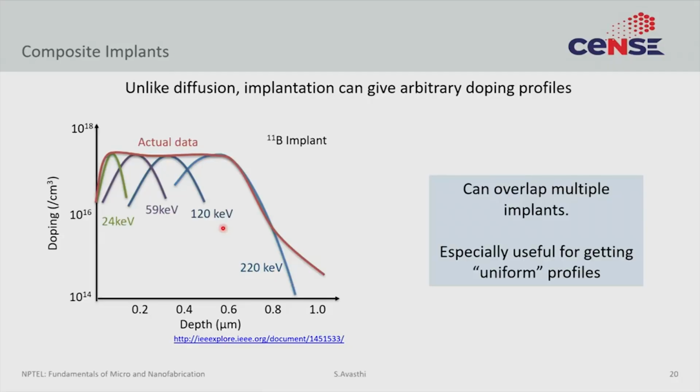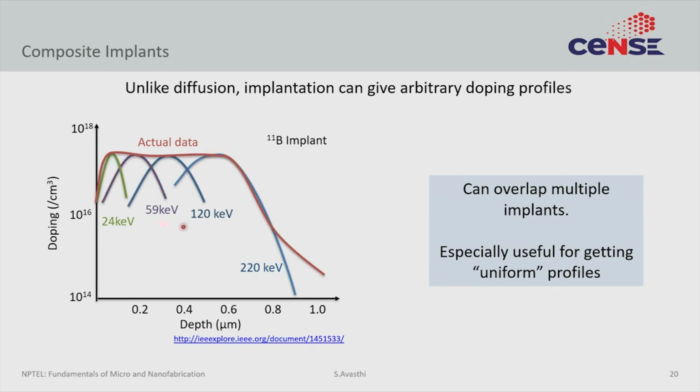If you look at an example on slide 20, suppose you first do a dopant ion implantation at, say, a low energy of 24 kilo electron volt. You will get a shallow green profile. Just after that, without heating the wafer, you do a second implantation at a slightly higher energy, and then at an even higher energy, and then at an even higher energy.